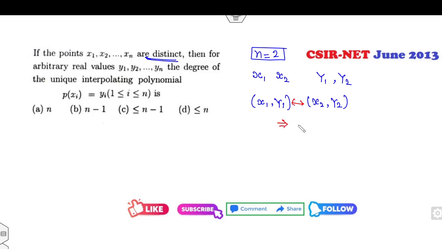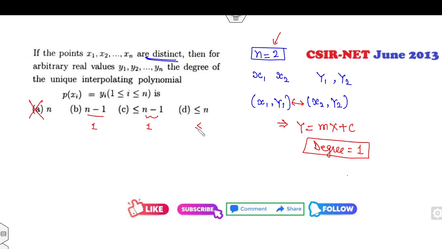Definitely if you draw the line, it will give you y equal to mx plus c. That means the unique polynomial, what is the degree of this polynomial? The degree is 1. So if I choose n equal to 2, the answer is 1, which is n minus 1, but this is one counter example, you can't say it is always correct. It is also 1, less than or equal to 2, but equality is not possible.